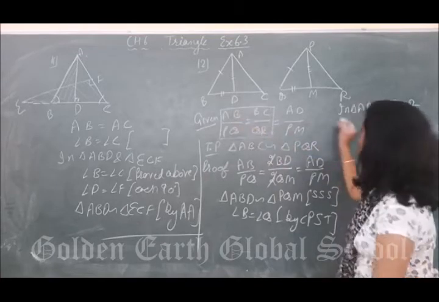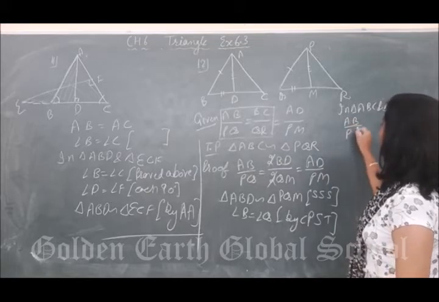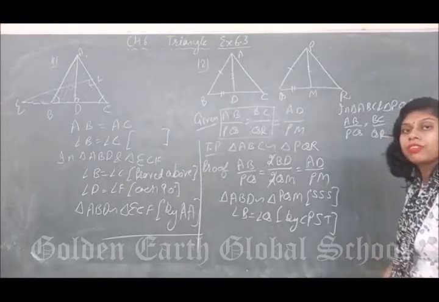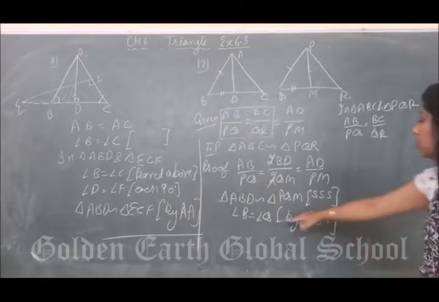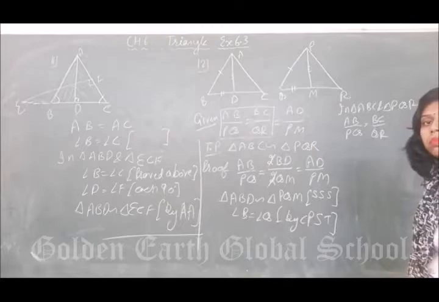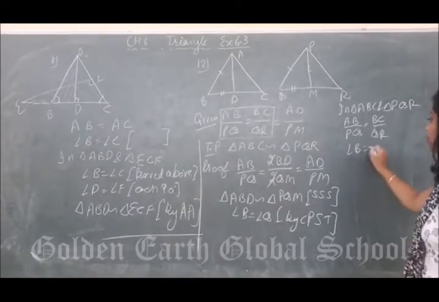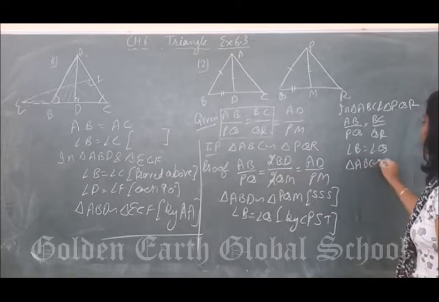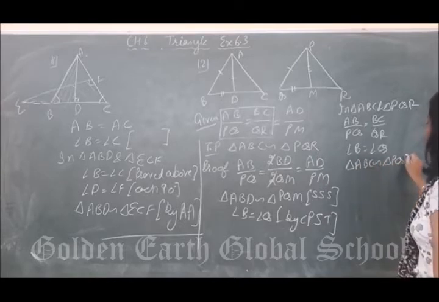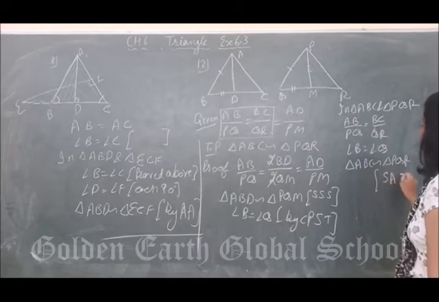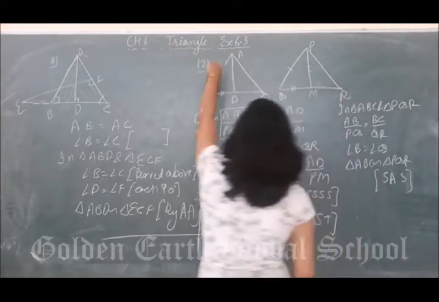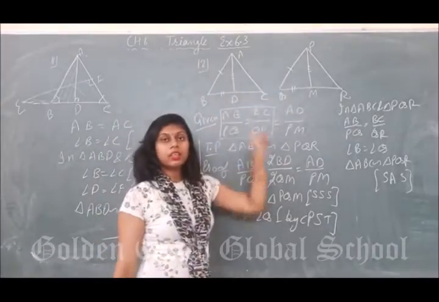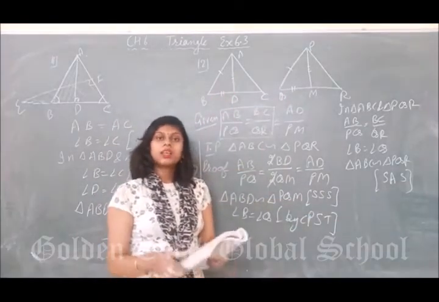AB upon PQ is equal to BC upon QR. This is given. We are considering only the first two terms. Next, for the third, we can consider angle B is equal to angle Q. So the triangles are similar. By which rule? SAS. These two sides AB and BC, and this is the included angle B and Q. So by SAS, the triangles are similar.